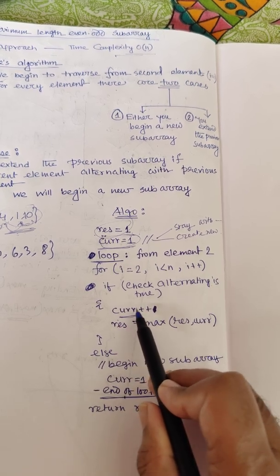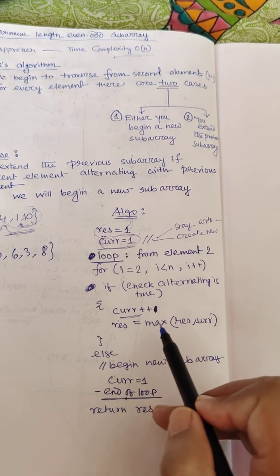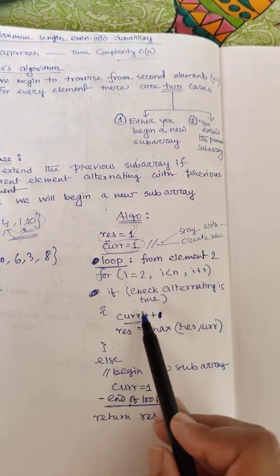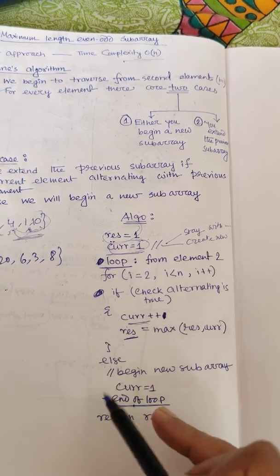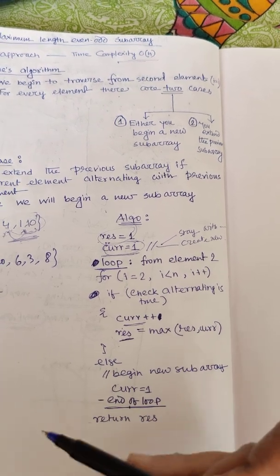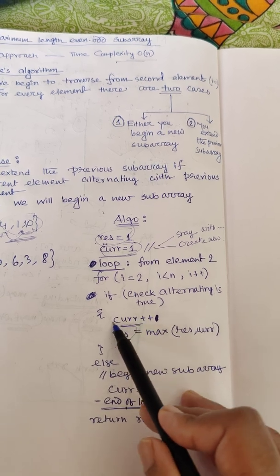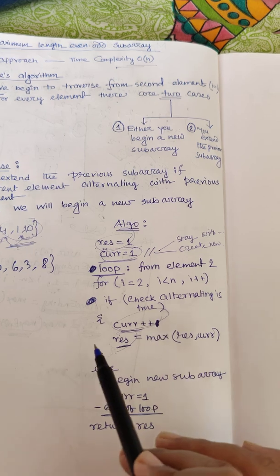So we are incrementing the current pointer, or current index, and ensuring that we are extending our subarray. And why are these things done? Because the result is the index which, as we have mentioned, is responsible for giving us the final result. So the result determines whether what the current index holds is the maximum or not.